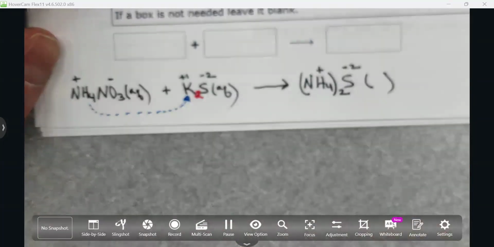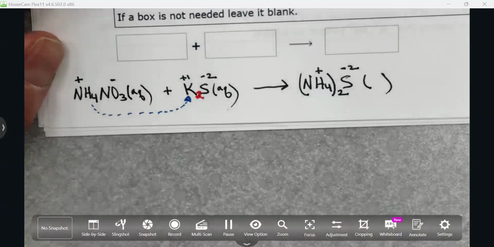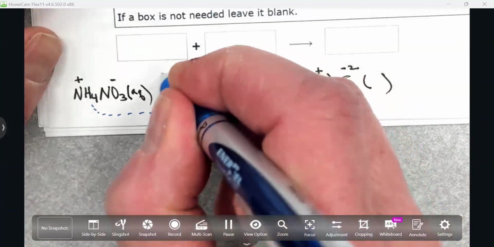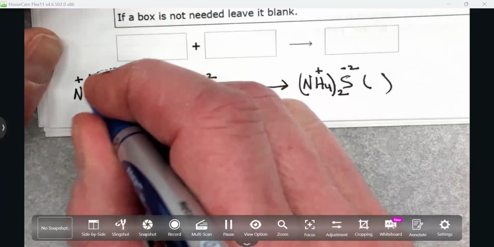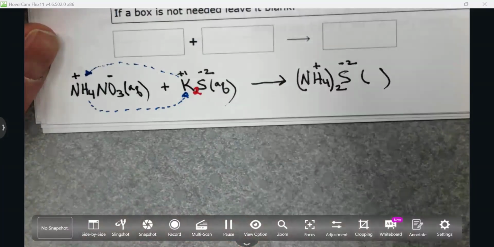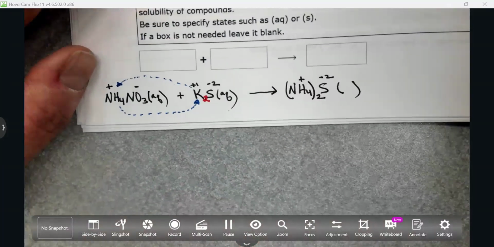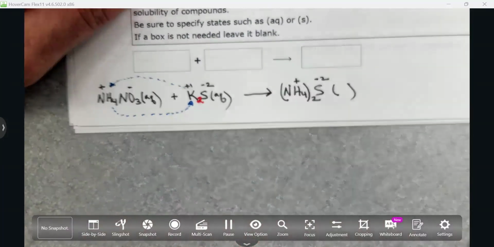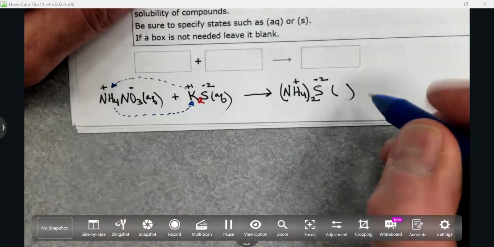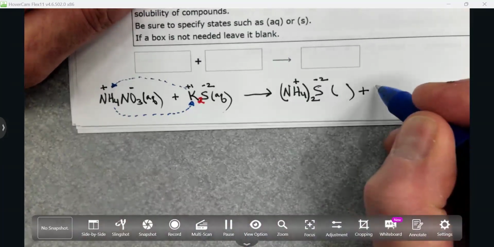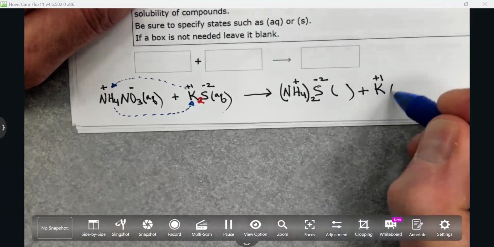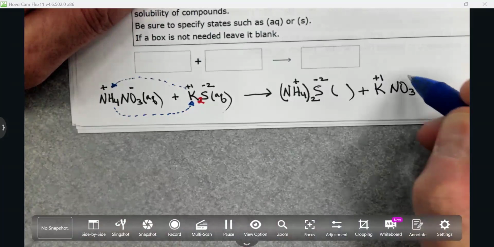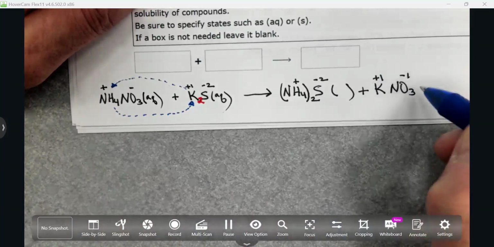We can look that up. And then potassium takes the place of ammonium, so we're going to end up with K plus and NO3 minus.